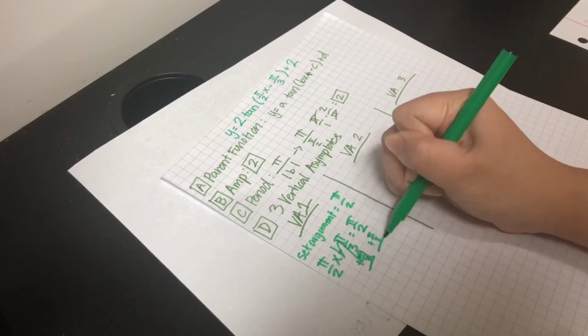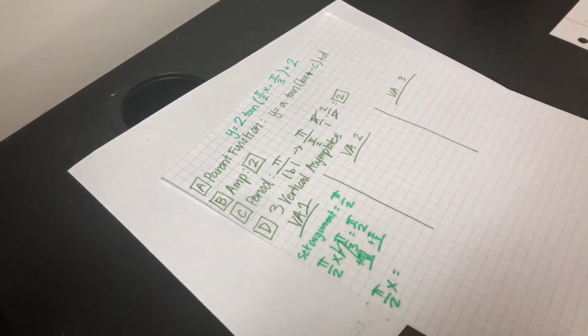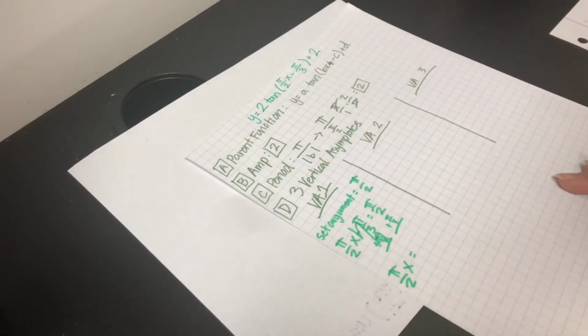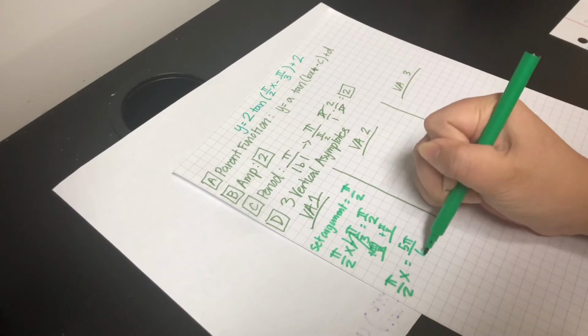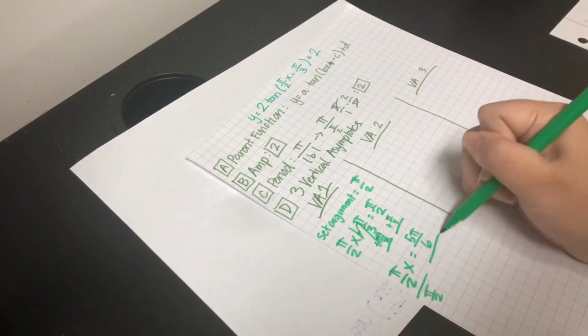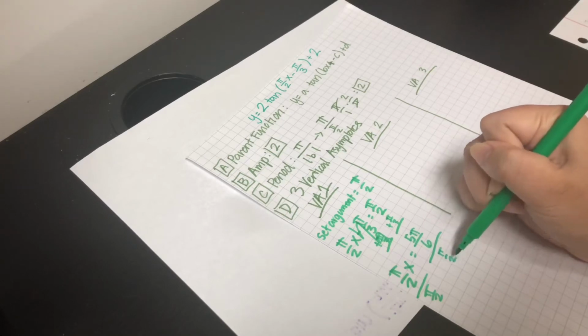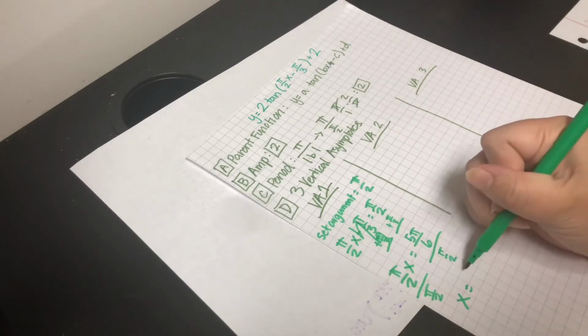Once you solve it out, you get pi over 2 x is equal to 5 pi over 6. Then you divide by this again to isolate the variable, and the x for VA number 1 is 5 over 3.